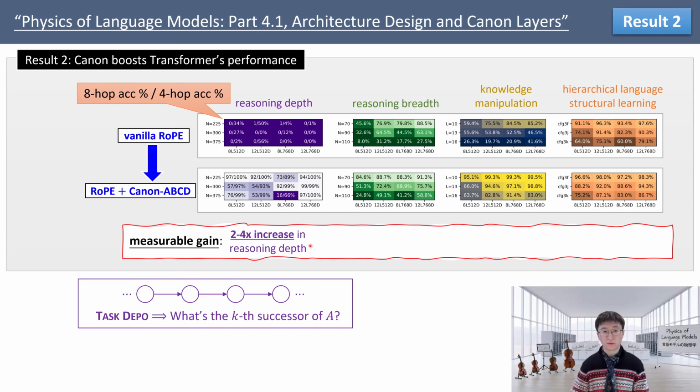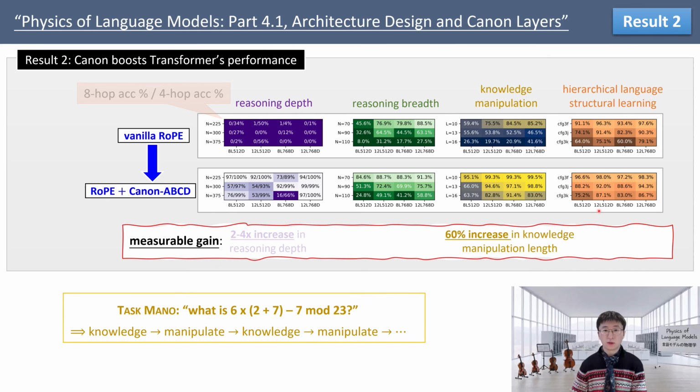So that's in one of the task dimensions. The other one, say this one, is the task of knowledge manipulation. So it's basically about an L-hop reasoning task based on knowledge. So you have to retrieve knowledge L times and then perform some operations using some mental reasoning skill without chain of thought once again. So now the important thing is that what used to be the accuracy pattern with respect to 10-hop reasoning is now the same.